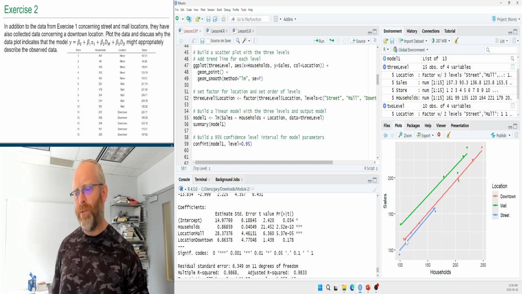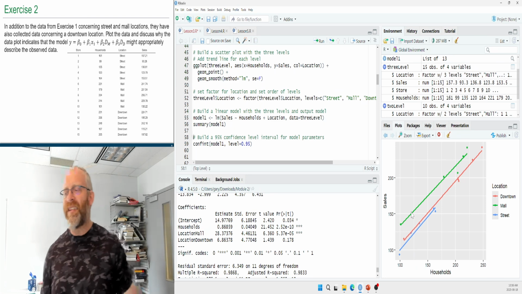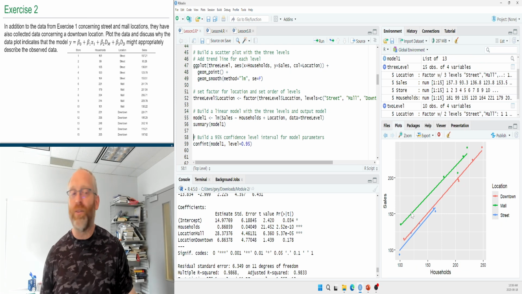All right, so going from blue all the way up to green, which is mall. We've already kind of seen this, but based upon a different slope, we're going to expect a slightly different intercept. So going from street to mall, what is the difference between those two lines? That is my beta 2. My estimate for beta 2 is 28.37376.